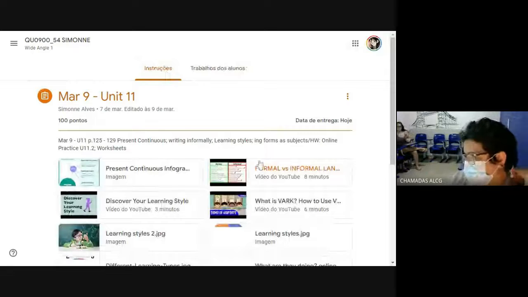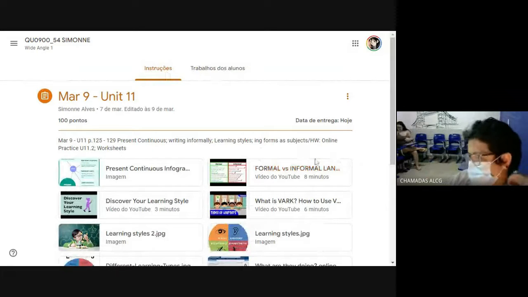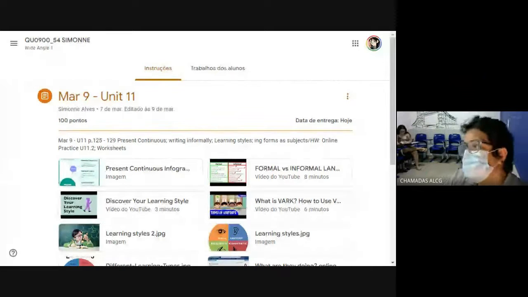All right, so last week, we talked about present continuous, writing things informally, like informal emails, learning styles, and we started talking about ing forms as subjects.